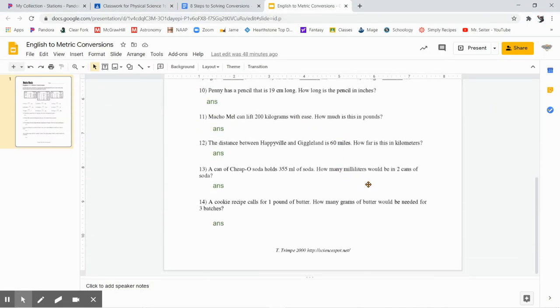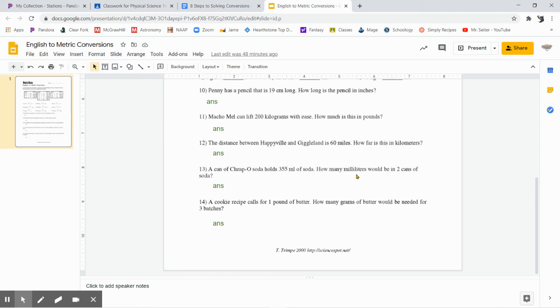All right. A can of cheapo soda holds 355 milliliters of soda. How many milliliters would be in 2 cans of soda? Let's see. 2 cans of soda would be 710 milliliters, I believe.